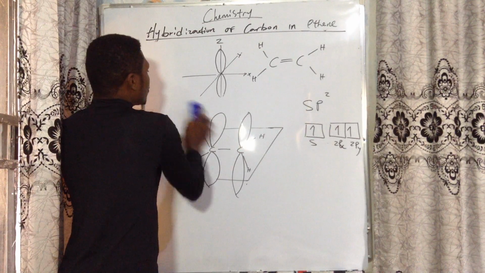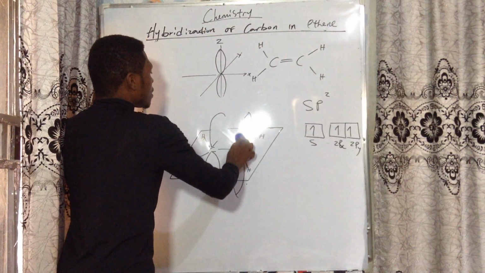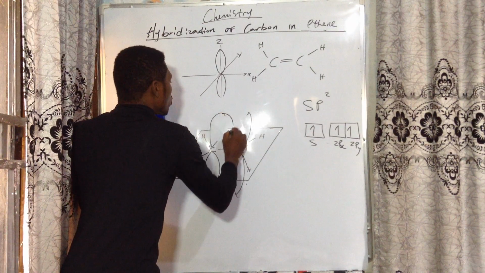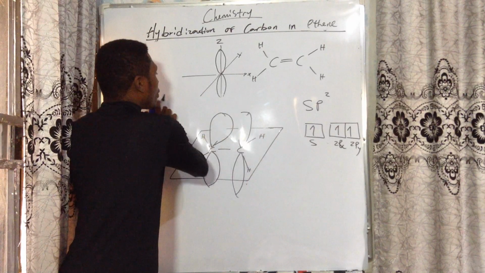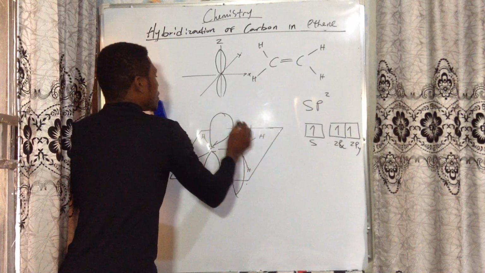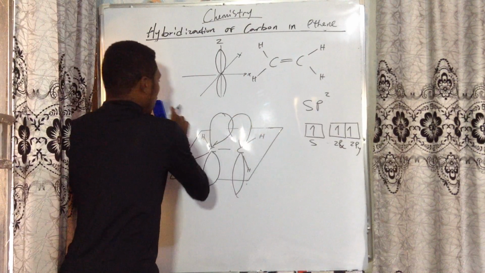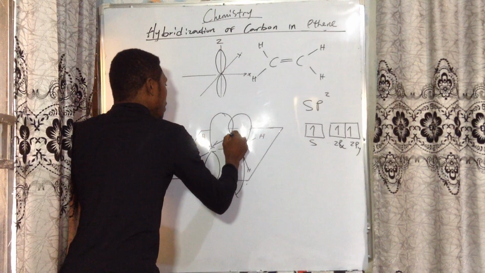So I have to increase the size of this orbital so that I will show you how they overlapped, forming a pi bond. Look at how they now overlapped like this, forming a pi bond.